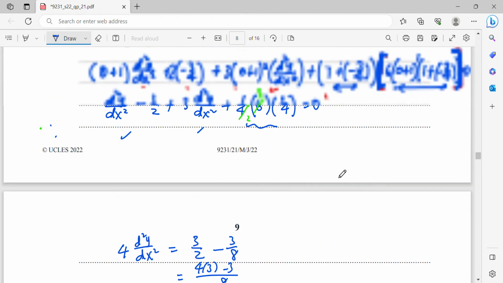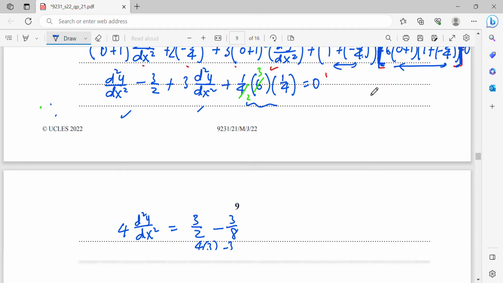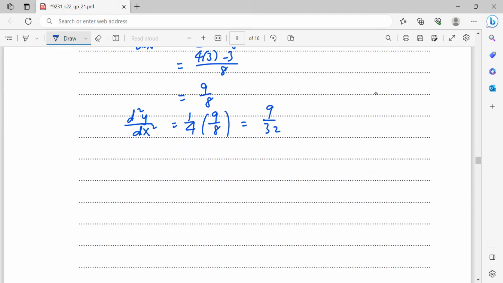Now, with this, we can form the Maclaurin series. So now Maclaurin series of y.